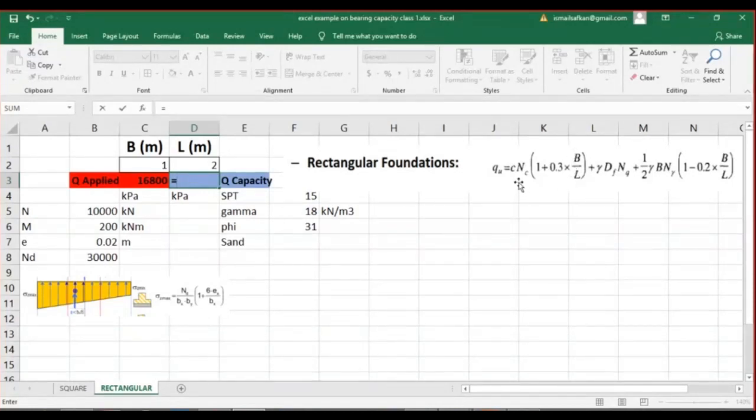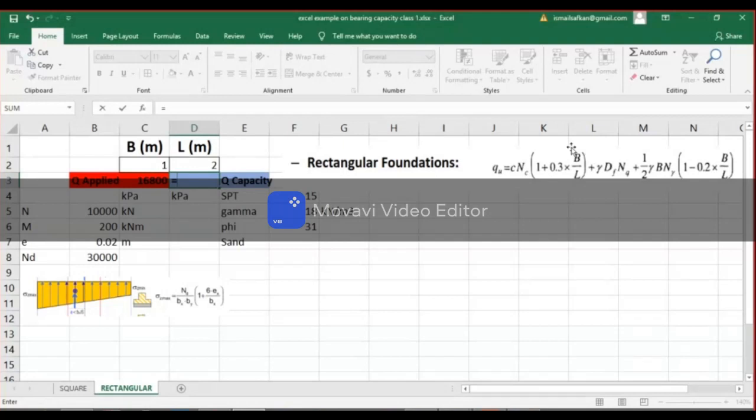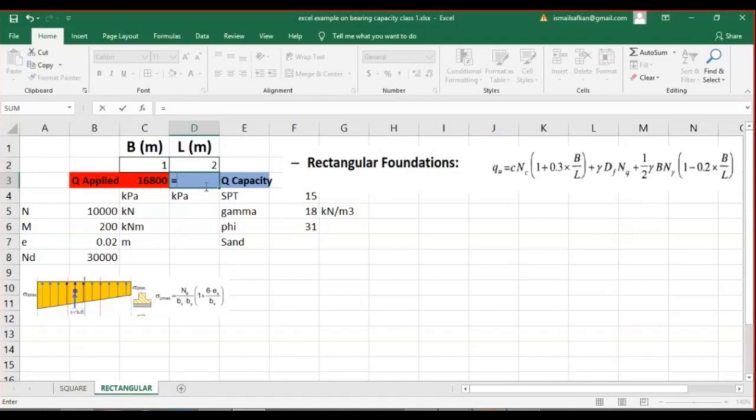Because it's sand, it doesn't have the first component. If it was clay, you would utilize the cohesion in the first component. Equal to gamma times embedment depth. From the previous video, it was 1 meter.